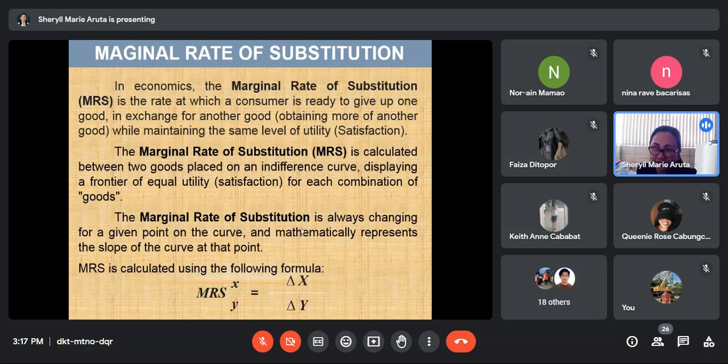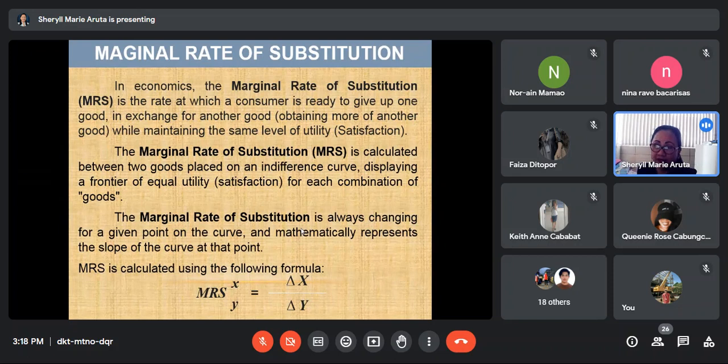Going back to Peter, he used it to create the combinations using the marginal rate of substitution. In this concept, the marginal rate of substitution is the idea that a consumer is ready to give up one good in exchange for another. So Peter is willing to give up clothing just to increase the units of food.